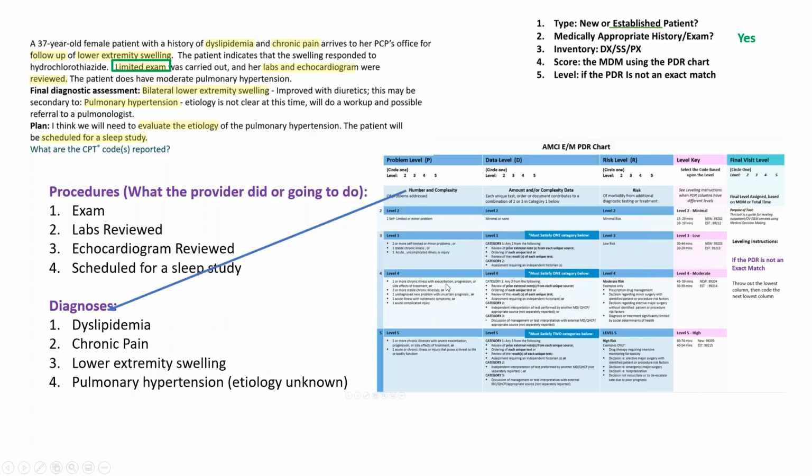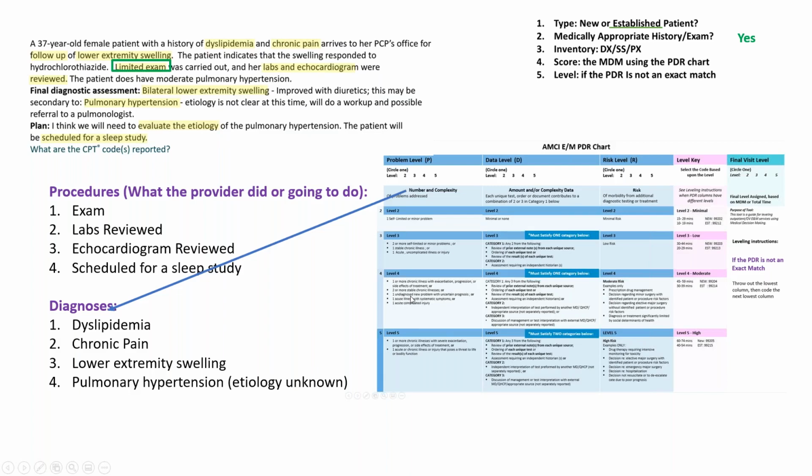But I do think that we can look at the other ones. We have 2 or more stable chronic illnesses. I would say that if I already said we had 3 chronic illnesses, if they were unstable, the provider would have documented that it was unstable. So if it's not documented, the assumption is that it is. So we've got 2 or more stable chronic illnesses.